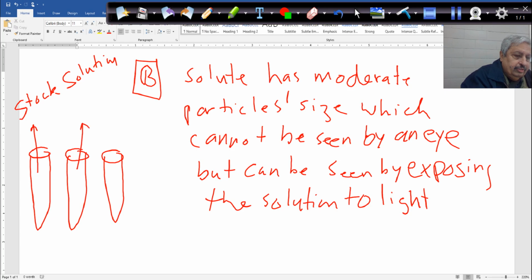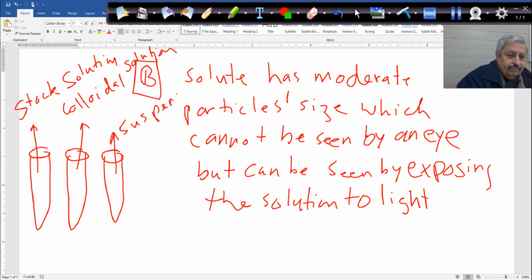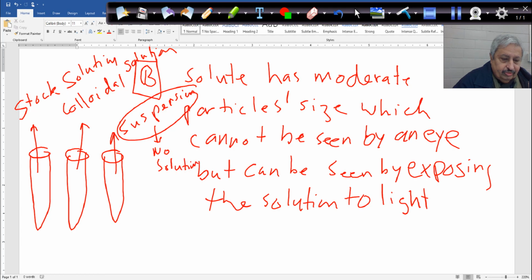Here we call it colloidal solution. Here we call it suspension. No solution, just suspension. I'll show you in a minute why.